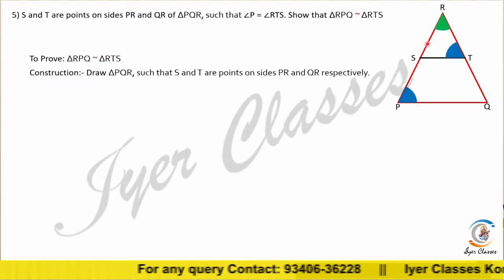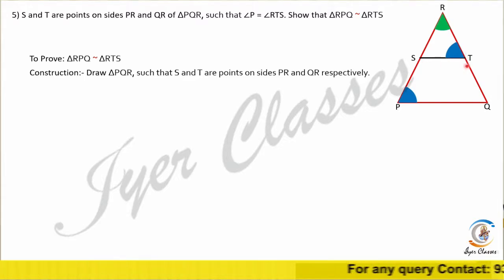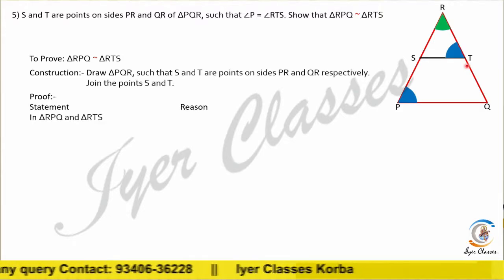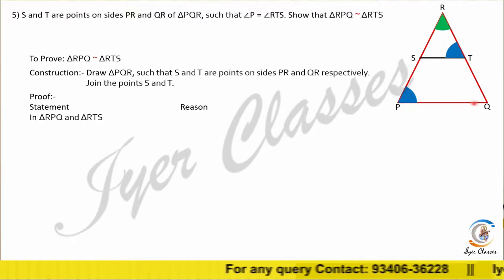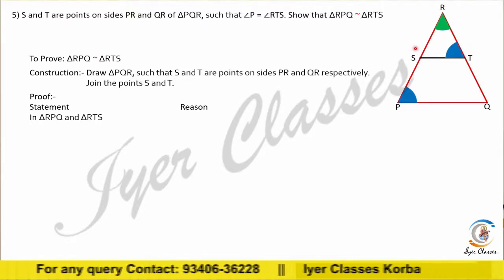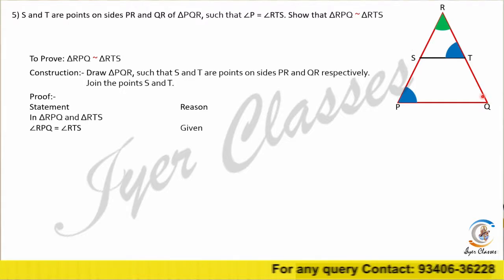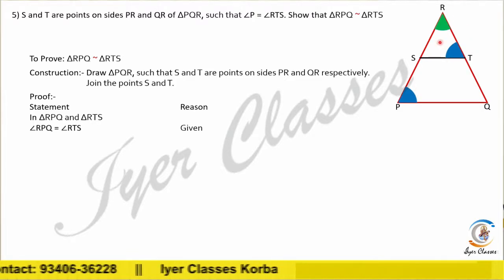First, you draw a construction: draw a triangle PQR, and S and T, since they are on the sides PR and RQ respectively, join this line, right? Now, to write the proof and statement, consider the triangles RPQ and RTS. See, first I have taken RPQ this way and RTS the other way. I have taken the corresponding angles to be equal. You are already given that angle RPQ, that is this blue angle, and angle RTS are equal to each other.